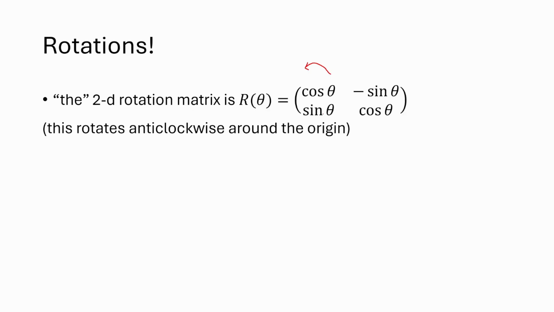Point the fingers of your right hand along the x-axis, and then curl your fingers toward the y-axis. What's going to happen is that your thumb points up in the direction of the positive z-axis, and your fingers just rotated through an anti-clockwise angle, a positive angle, and that positive angle corresponds to this rotation around the positive z-axis. A right-handed rotation around the positive z-axis is a positive angle.